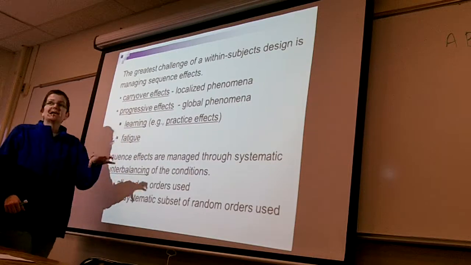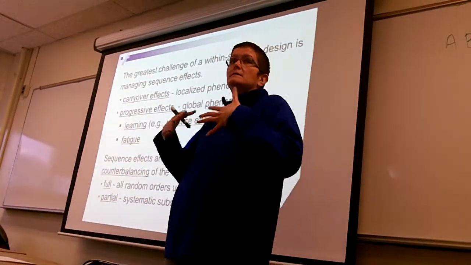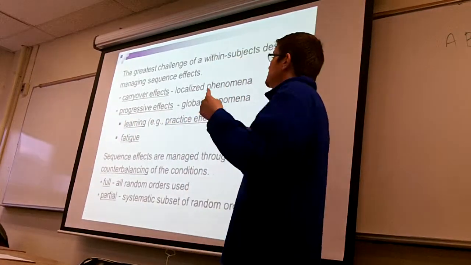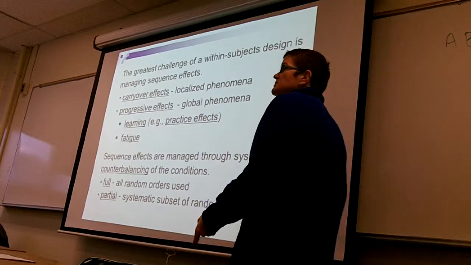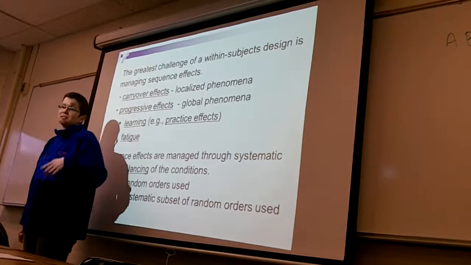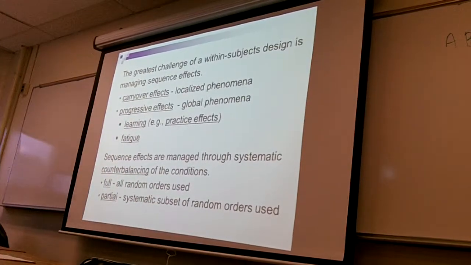Because of these kinds of sequence effects, because we know that these things are likely to occur, we have to switch up the order in which we present the conditions to the subjects, so that not everybody gets the same conditions at the beginning and the same conditions at the end.